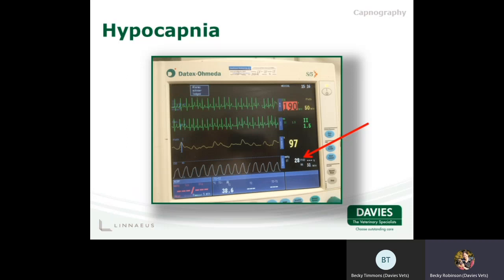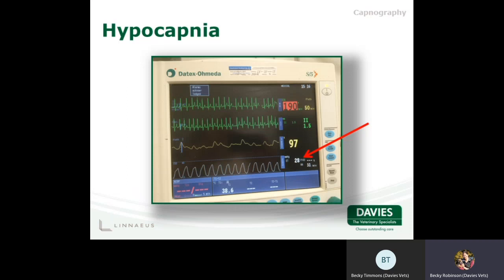Having said that, we often have a normal looking trace with hypocapnia. Sometimes, particularly with a patient who is hyperventilating, we can see traces that don't have the very typical square waveform like we can see in this example here. So here we have a patient who is hyperventilating, and we seem to have lost some degree of the alveolar plateau.